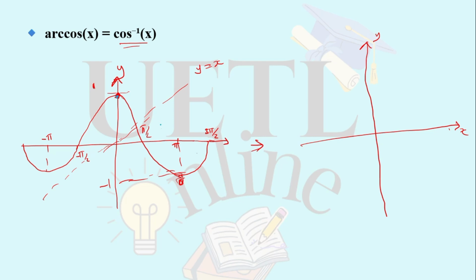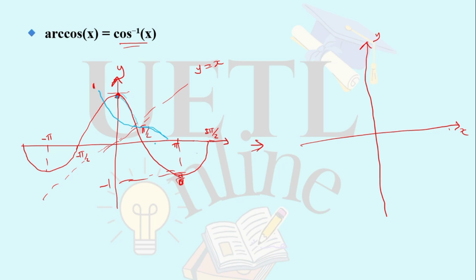Reflecting this graph, we're going to first get this part of this line. It's going to be this side, so it's going to be like this. So this is going to be this part of the graph. Then this part of the graph is going to continue here like that.